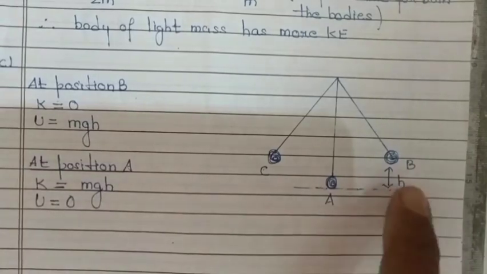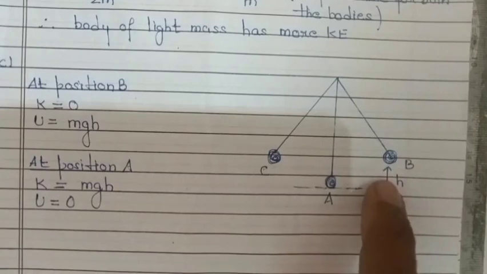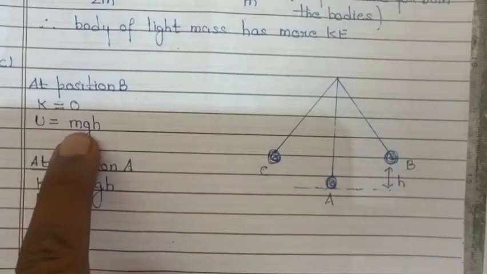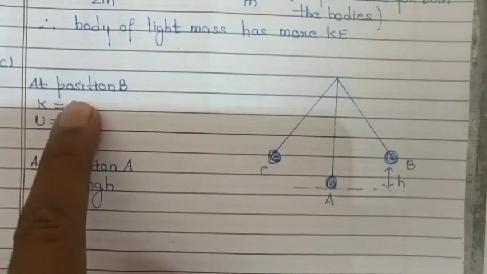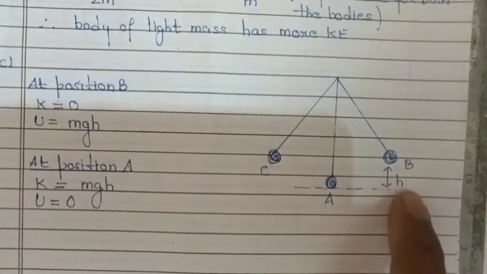At position B the potential energy is mgh and the kinetic energy is 0 because of the momentary rest.